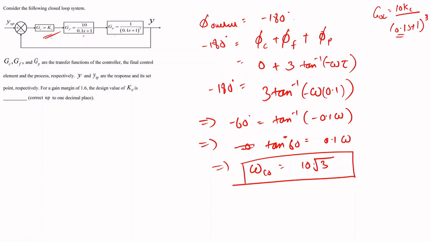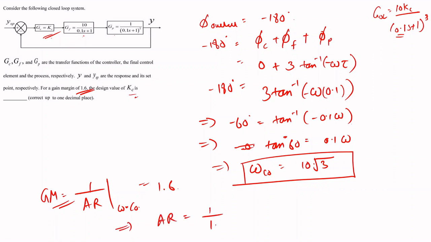Now we need to find the amplitude ratio at this crossover frequency, and by using the gain margin we can find the value of Kc. We define gain margin as 1 upon the amplitude ratio at omega equal to omega C0, and this gain margin we have already been given as 1.6. So we can write the amplitude ratio is equal to 1 upon 1.6, and now we need to find this amplitude ratio.